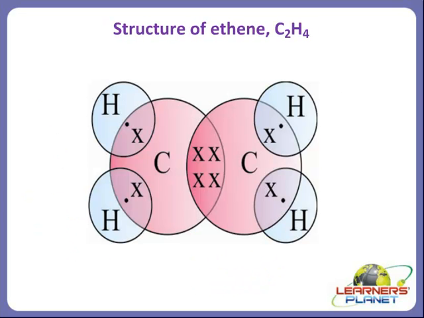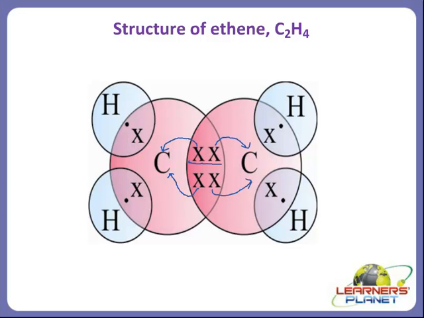So this is the structure of ethene. How many electrons are shared here? 2 electrons, one by the first carbon and one by the second carbon, and again 1 by this carbon and 1 by the second carbon. So it is forming a double bond.